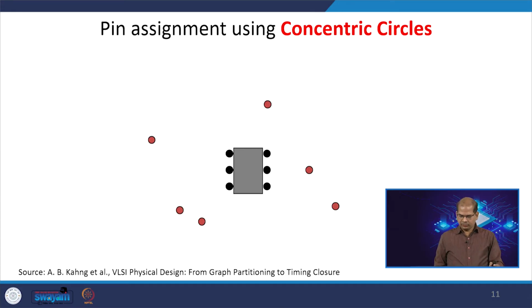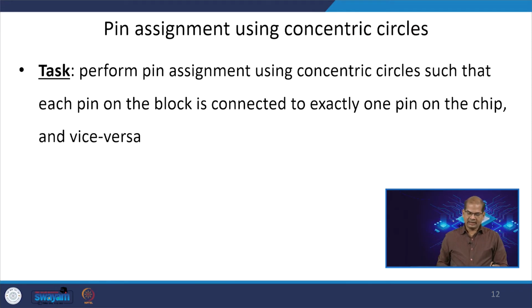These are the black pins, and these are the red pins. So, our main task is to do the pin assignment using the concentric circle such that each pin on the block is connected to exactly one pin on the chip and vice versa.